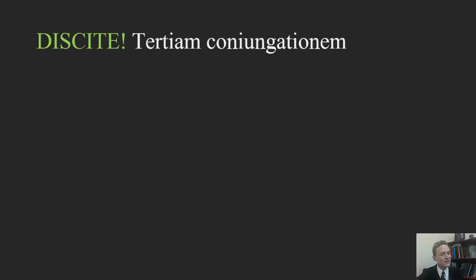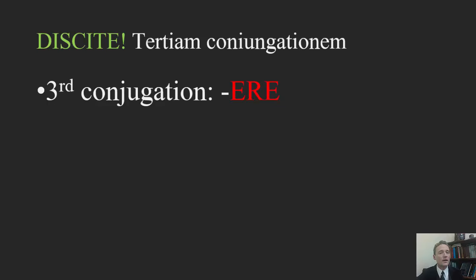For third conjugation, which is what we're learning today, it's slightly different. You can recognize it because its second principal part ends in ere. Now I know what you're thinking, that looks just the same as the second conjugation, but it's not.